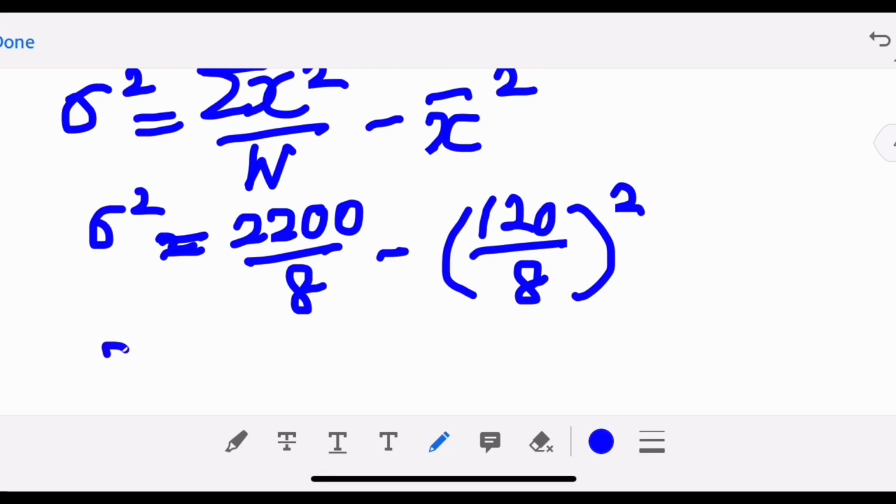So okay, then you can proceed to use a calculator to find the answer for the variance. And please stop there and don't square root your answer because the question is asking for variance. So your answer must not be written as standard deviation.